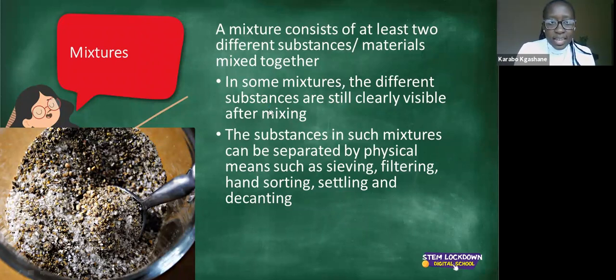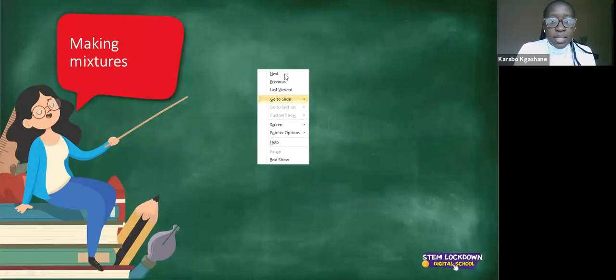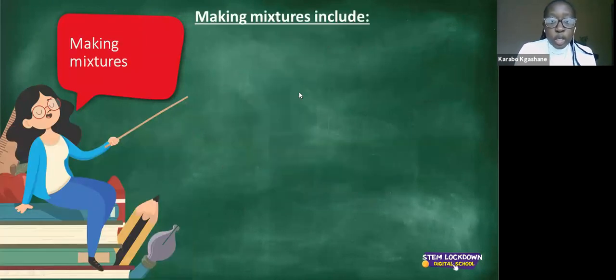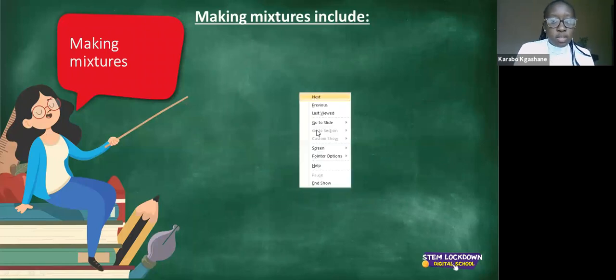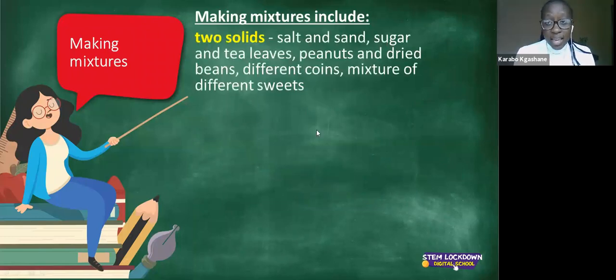Next slide. Mixing mixtures. Now it says making mixtures include two solids, salt and sand. It could be sugar and tea leaves, peanuts and dried beans, different kinds of coins, and a mixture of different sweets. So this is an example of making mixtures.